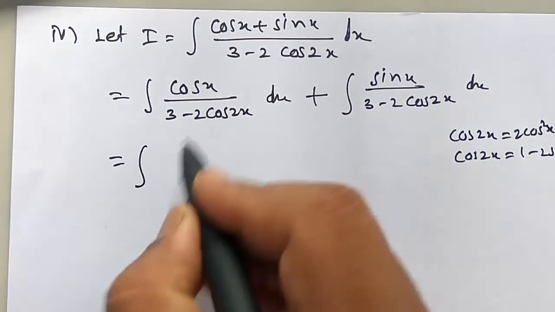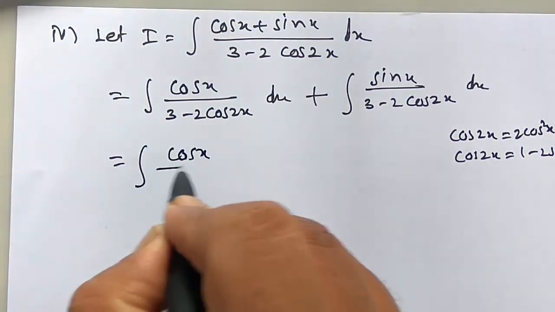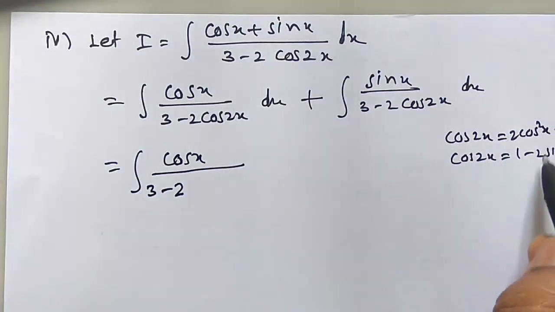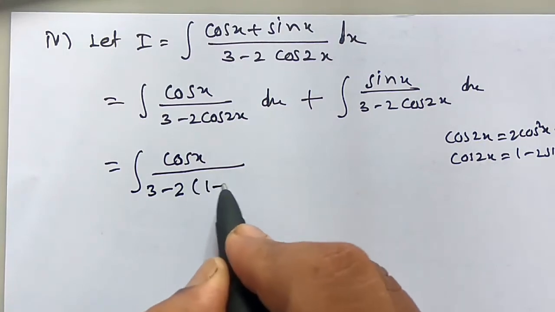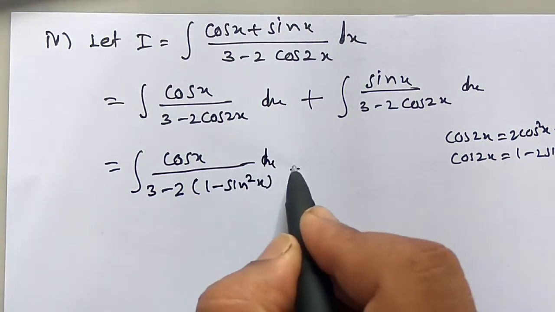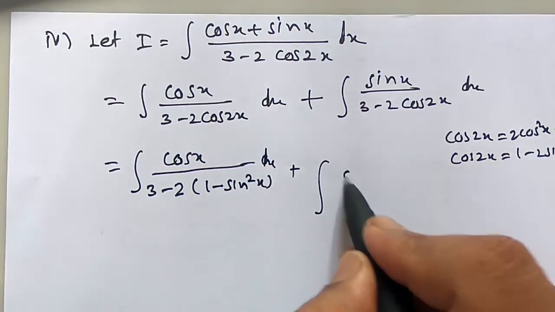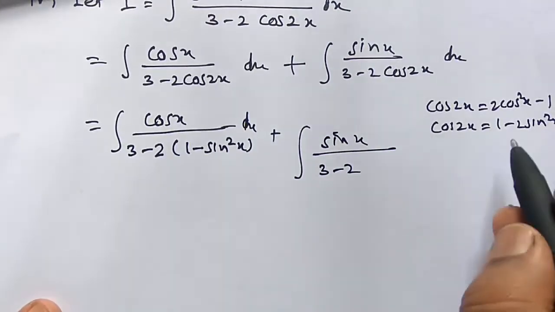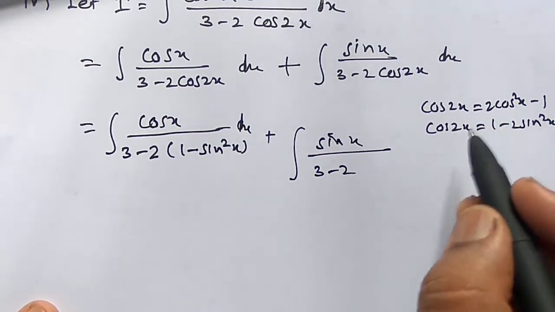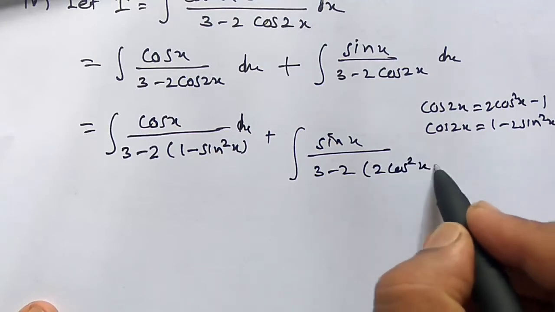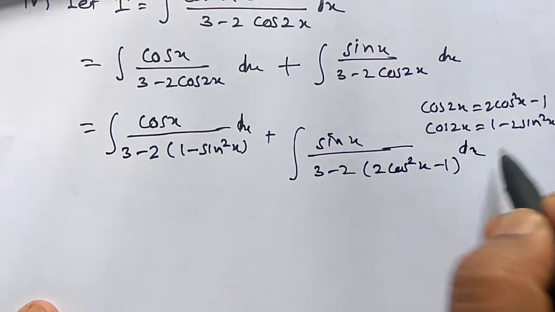So this is equal to cos x upon 3 minus 2 cos 2x, which is 1 minus sin square x dx, plus integration of sin x upon 3 minus 2, where cos 2x is 2 cos square x minus 1, dx.